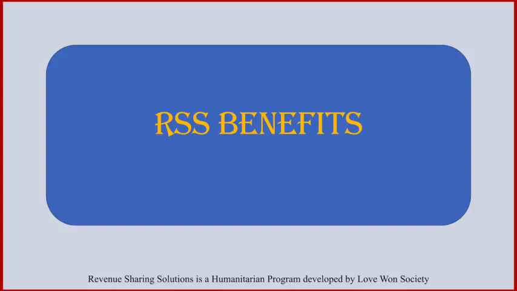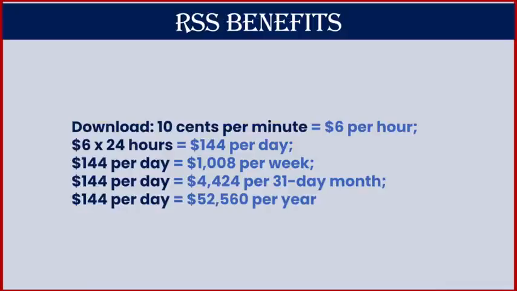Perfect. So what are the benefits of this revenue sharing solution exactly? Well, there are multiple benefits, and it's hard to put them all in one place because you're going to come up with some more benefits as you get into it. But the RSS program has a download of 10 cents per minute. That equals $6 per hour.